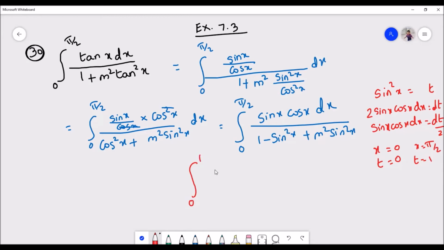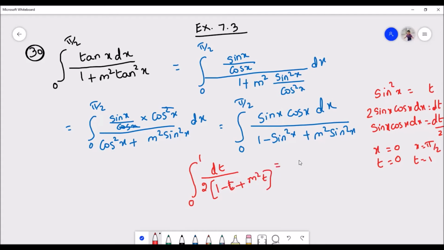Sine x cos x dx is nothing but dt divided by 2, into 1 minus sine square x, which is t, plus m square sine square x, which is t.